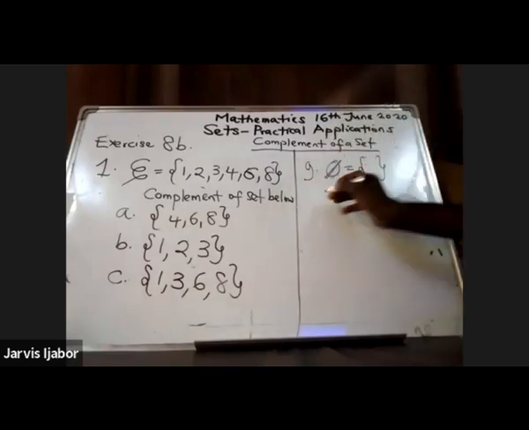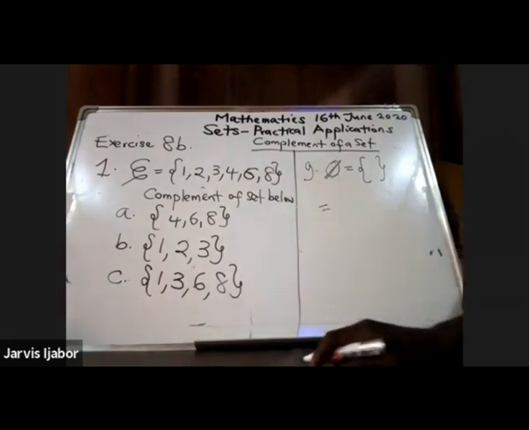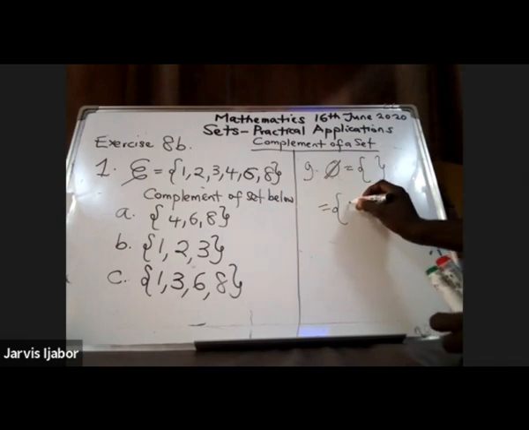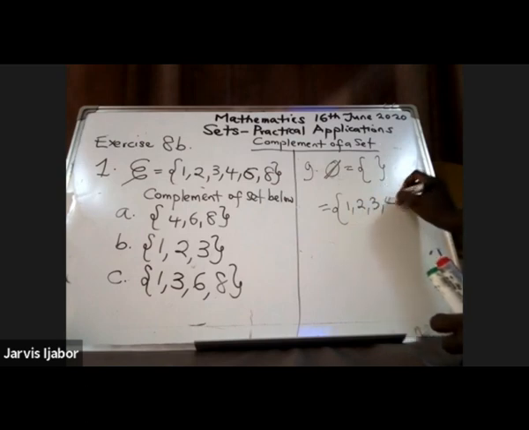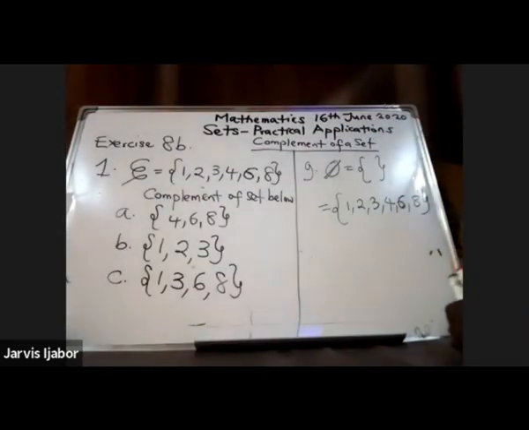It means I will see everything. The complement of not seeing anything is seeing everything. So it will be this: 1, 2, 3, 4, 5, 6 rather, and 8. So that's what that will be.